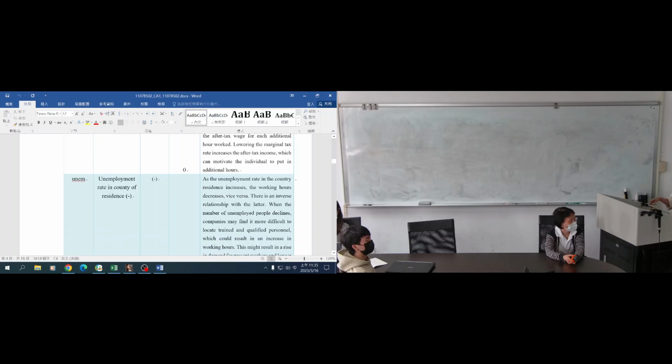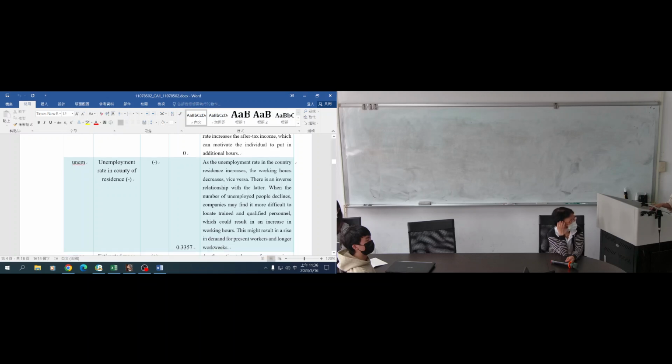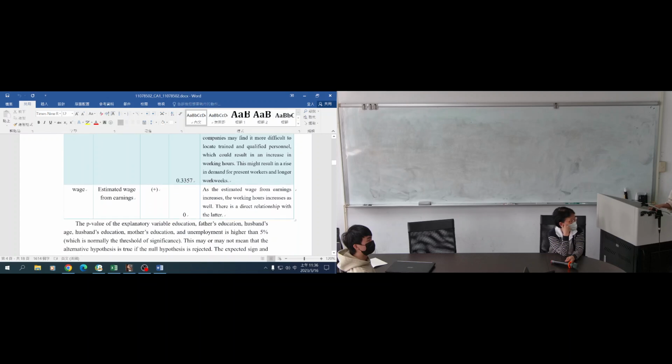For the unemployment rate in the country of residence, the expected sign and the resulted sign were the same, and it has an inverse relationship. Maybe when the number of unemployed people declines, companies may find it more difficult to locate trained and qualified personnel, which could result in an increase in working hours.